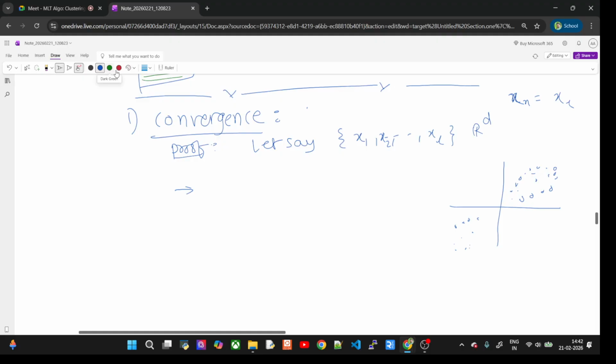Now we want to find out one point, maybe this point is called v star. You need to figure out one point, that is v star.